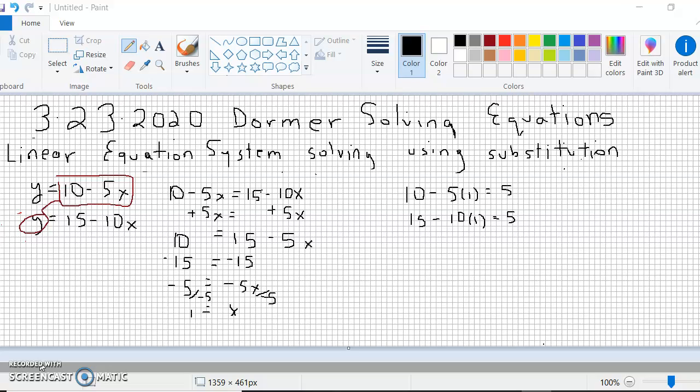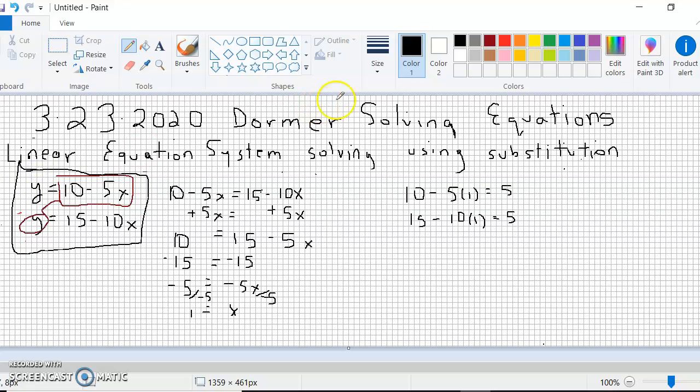Okay, so let's go ahead and start looking at our equation. So our equation is right over here. And we're going to try to work it out to see what is occurring. So we have y is equal to 10 minus 5x, and y is equal to 15 minus 10x.